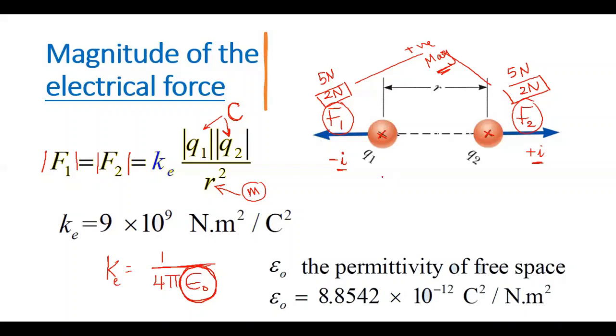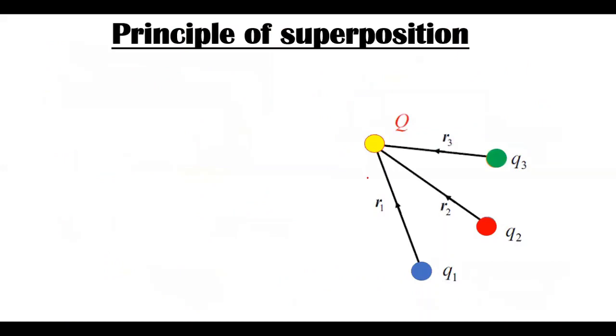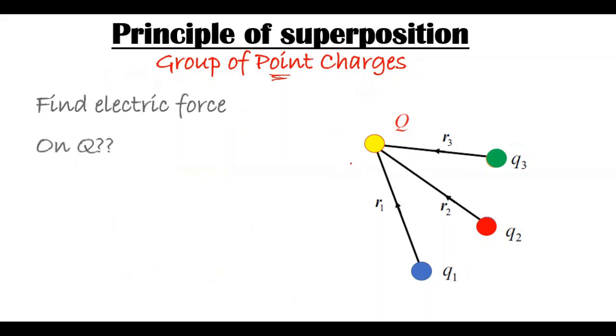So what are we going to do if we are dealing with more than two point charges? We have here a group of point charges, okay, and we are still dealing with point charges. I'm going to deal with this question as if it is required to find the electric force on Q capital. So the Q capital is here, the yellow one.